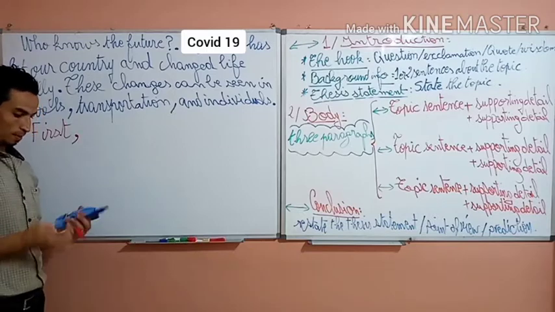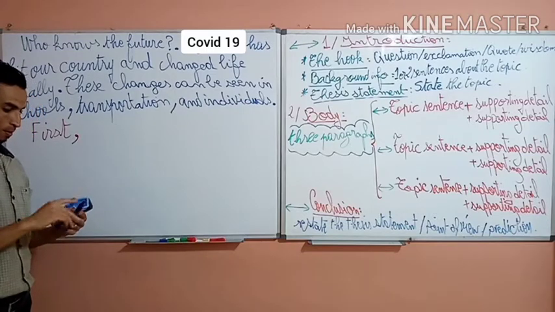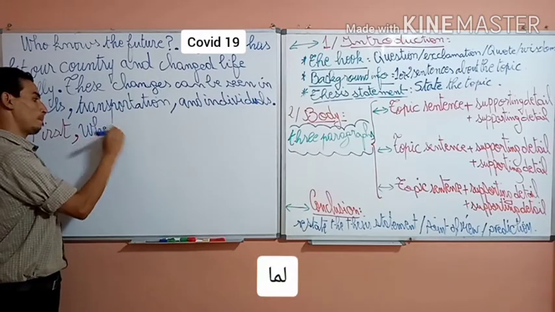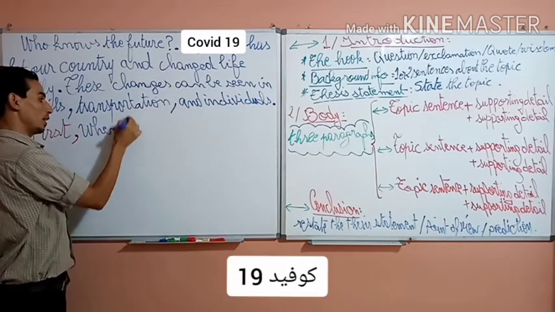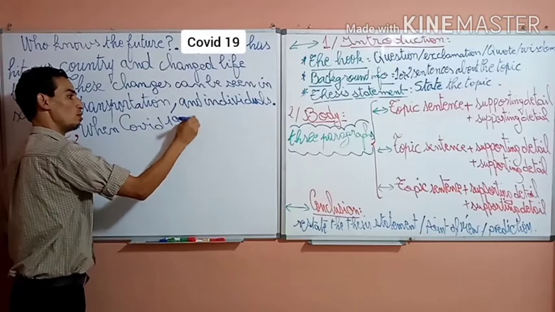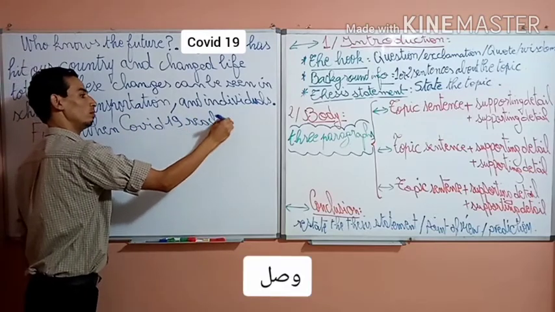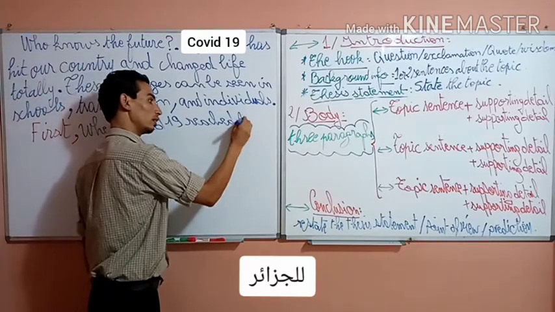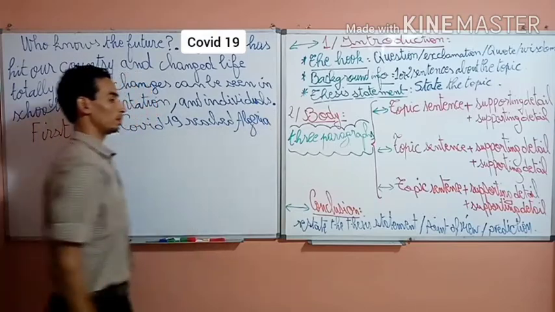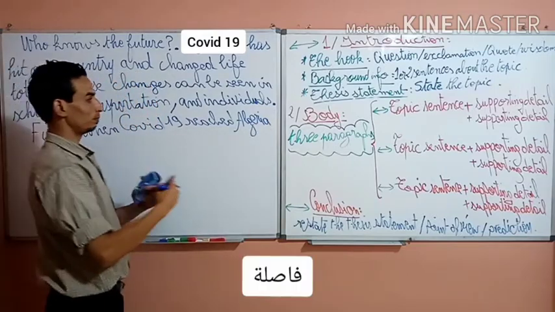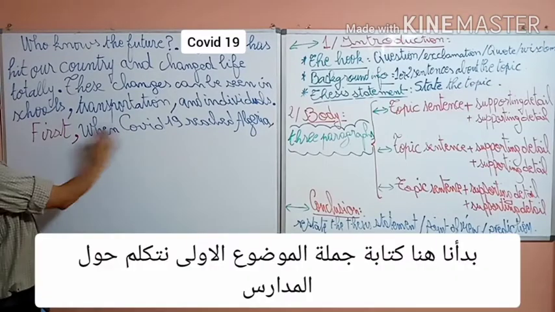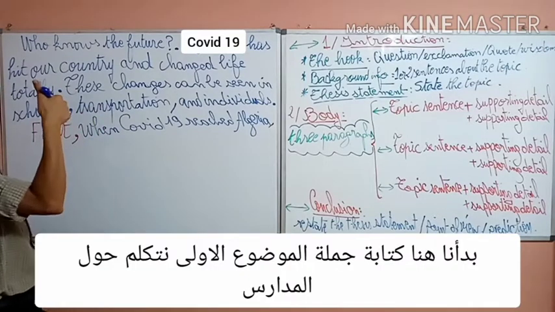First, when COVID-19 reached Algeria, comma, start here the topic sentence speaking about schools.